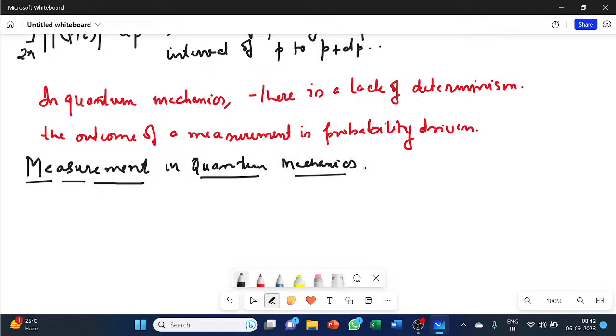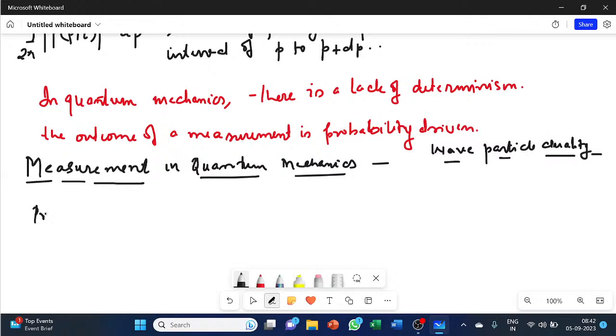The microscopic particles are governed by wave particle duality.